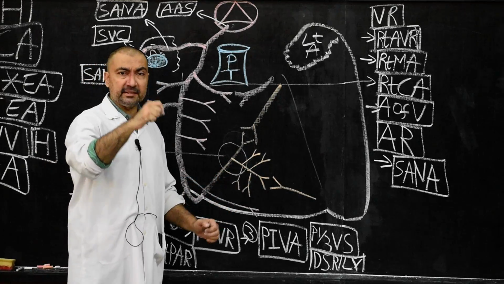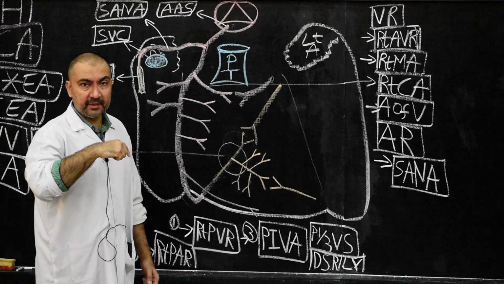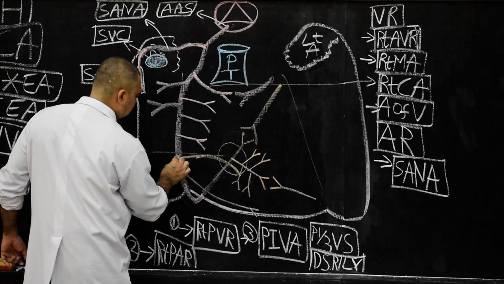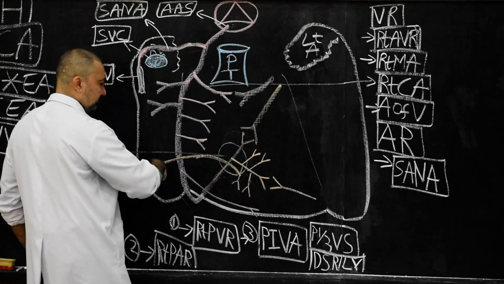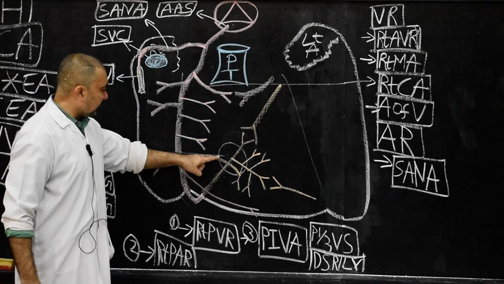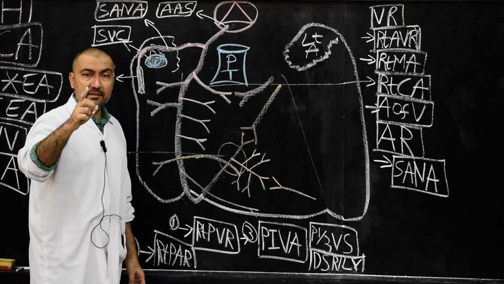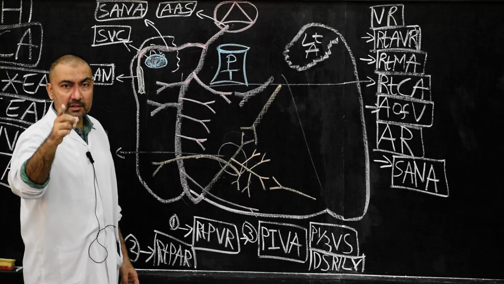Out of that, one of the septal branches will have a recurrent course. It will form a loop and have a recurrent course. This is known as the atrioventricular nodal branch.